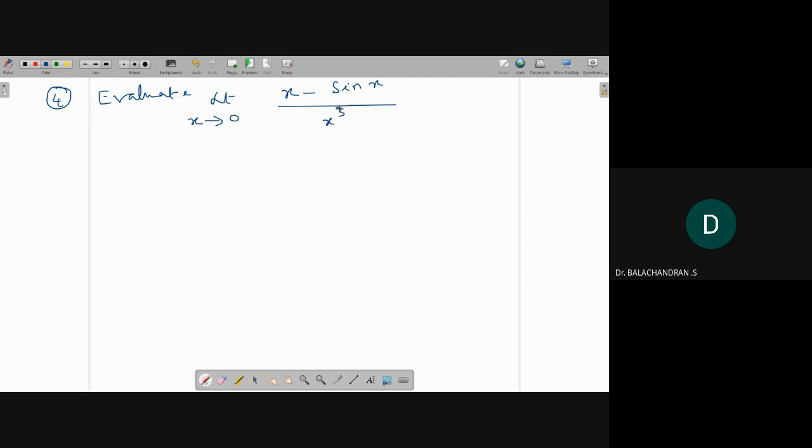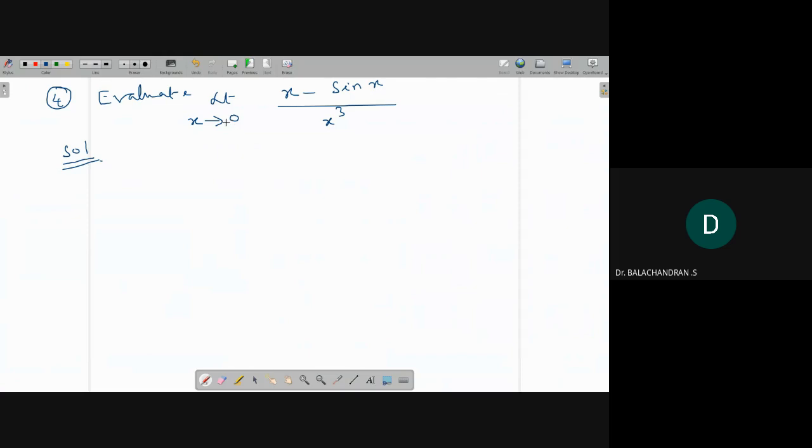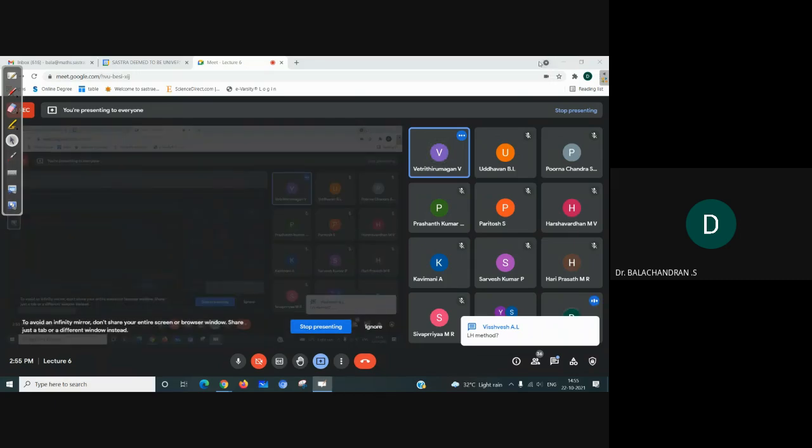So this type of problem, usually you will use which method? To find limits, suppose if you have the 0 by 0 form, then L'Hopital. Okay, L'Hopital. Yes, you are right.